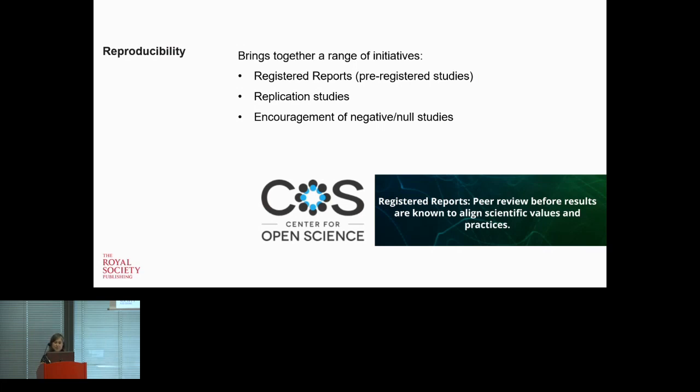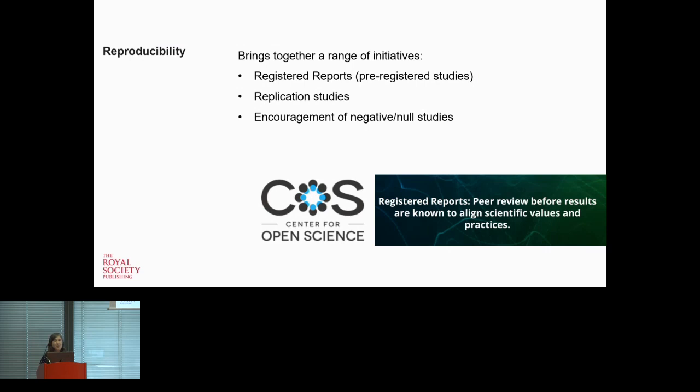So the first of these is registered reports. These have been common in psychology and related fields for some years, but they are becoming more widely spread across other fields. They're a type of article in which the peer review process is split into two parts. The first phase assesses the proposed study design to test, for instance, the statistical power of the proposed methods and analysis.